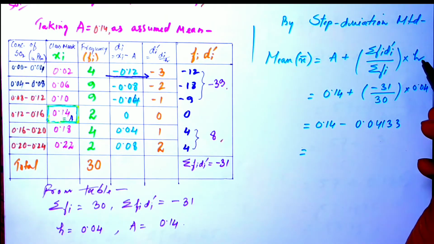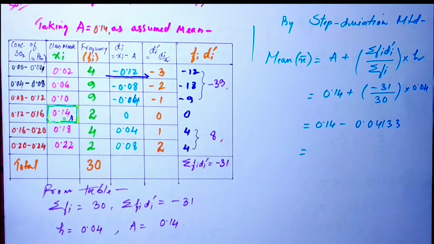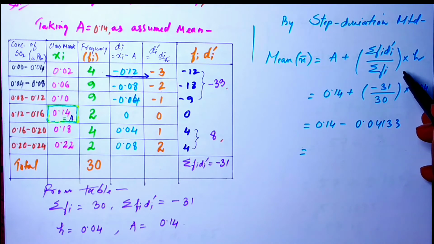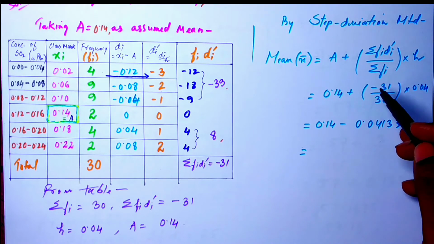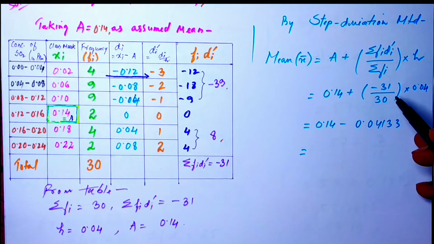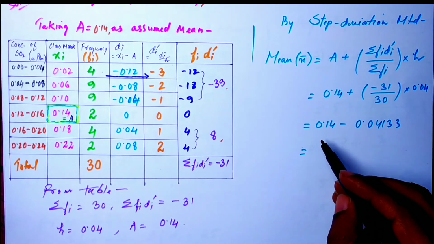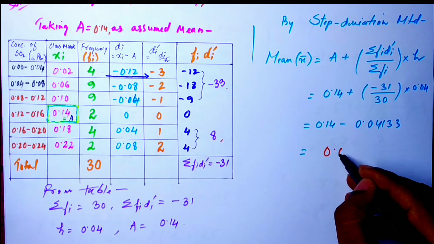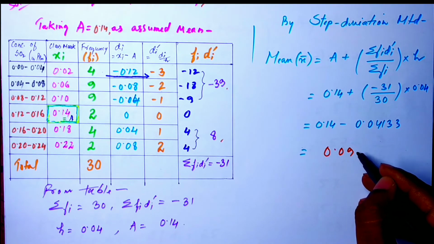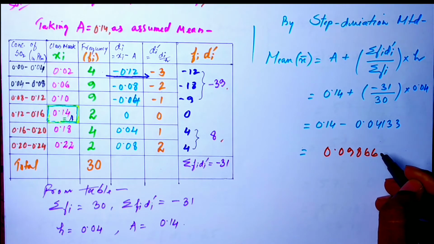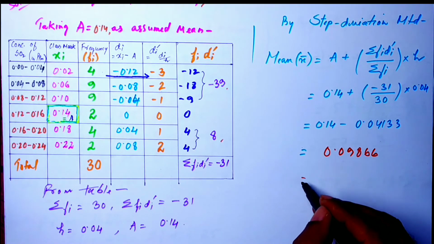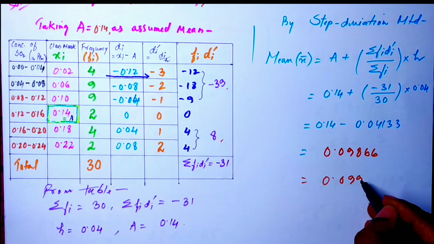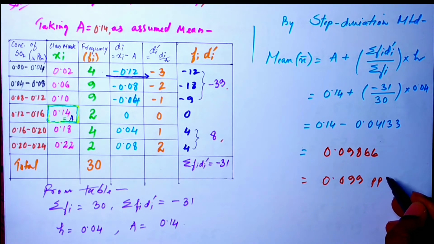By the step deviation method we have mean equal to a plus summation fi di dash by summation fi into h, and we put the values and calculate it, and after subtracting, we got the answer as 0.09866. Approximately we can write this as 0.099 ppm.